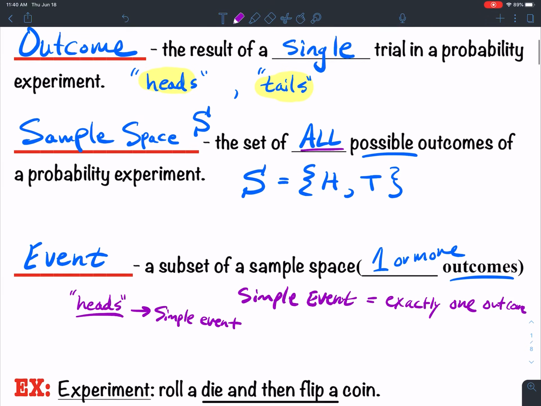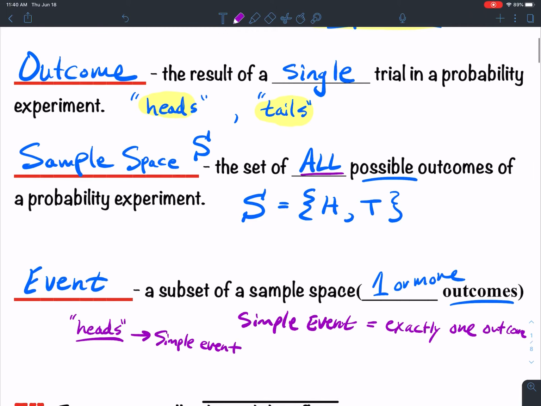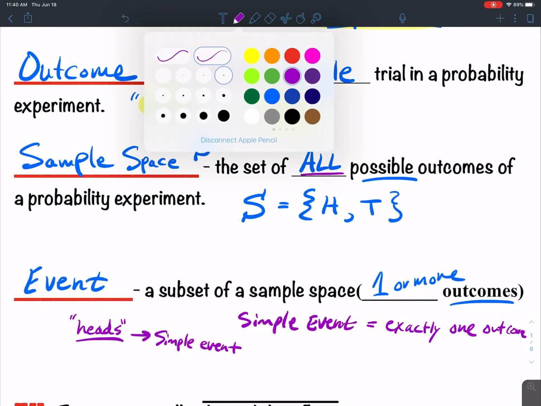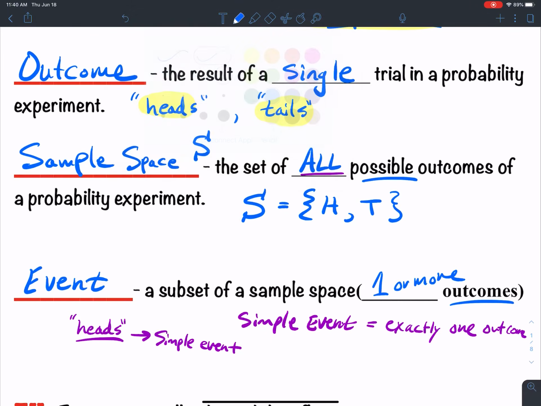So you think about rolling a die, okay? You've got 6 sides to a die. So 1, 2, 3, 4, 5, 6.